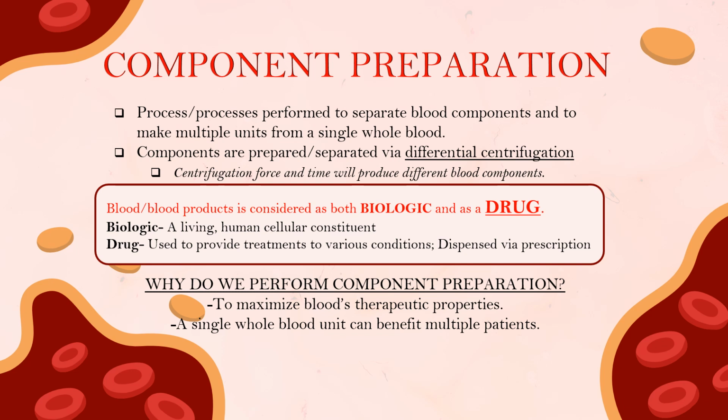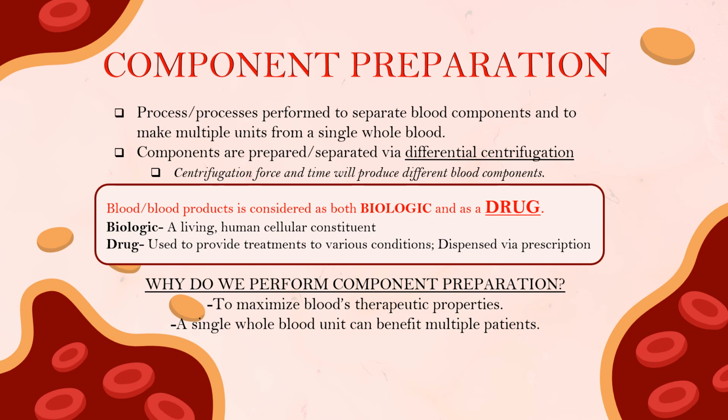And take note, class, that centrifugation is actually the most important factor during component preparation, because varying relative centrifugal forces and the duration of the centrifugation will produce different blood components, which we will be discussing later on.